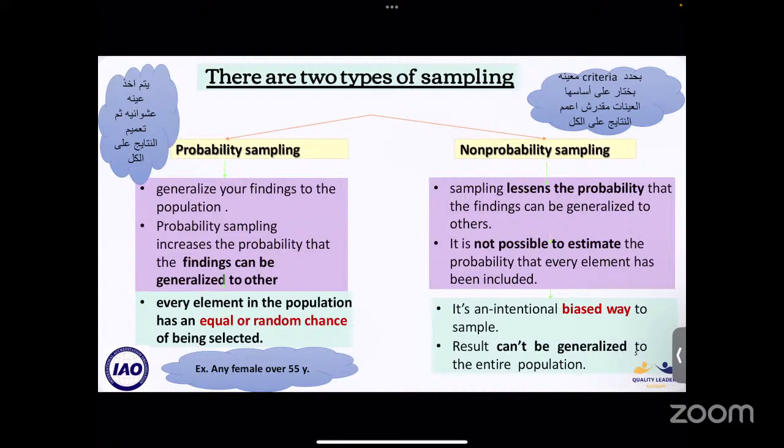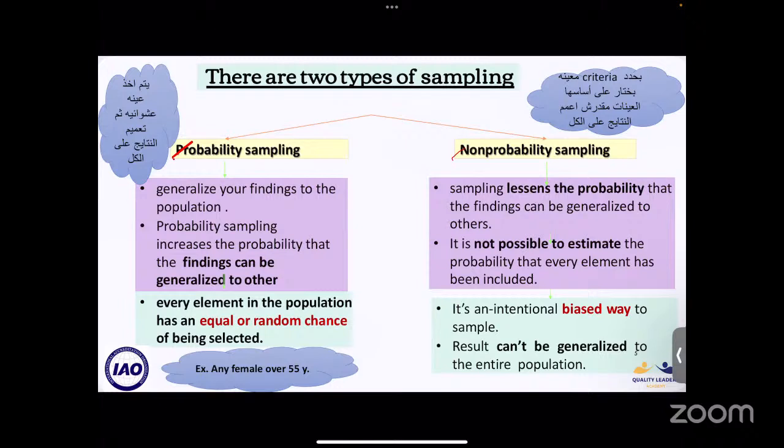Now, we have two types of sampling. We have the probability sampling and the non-probability sampling. When we say probability sampling, this means you take random samples from the population and conduct your study without any bias. So there is no favoritism toward any group among those you are sampling.